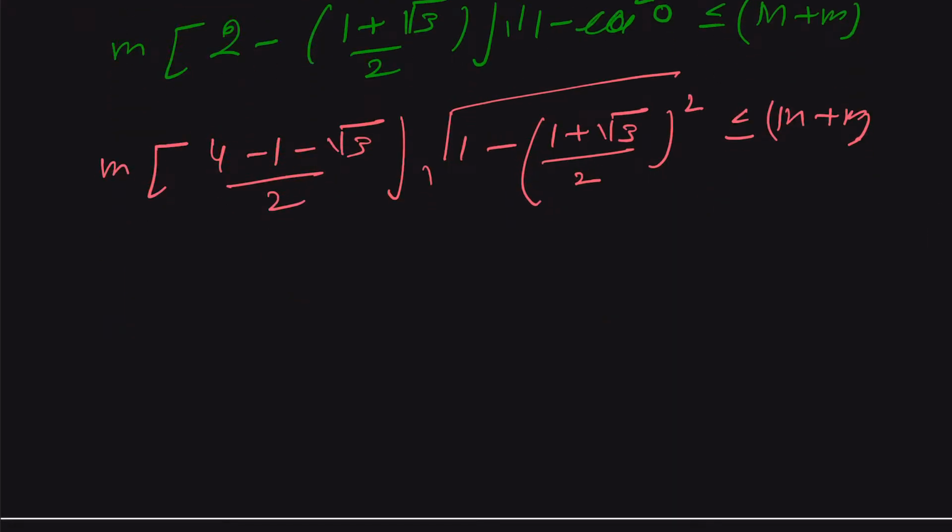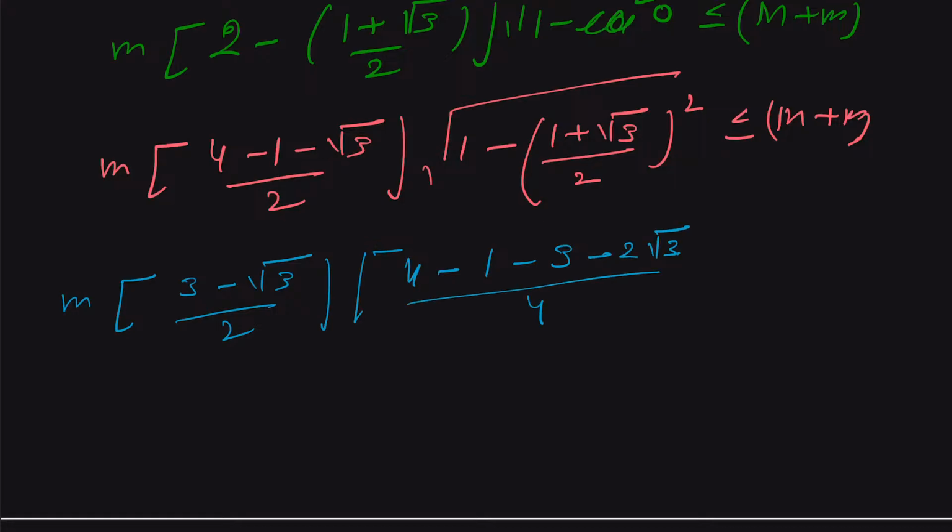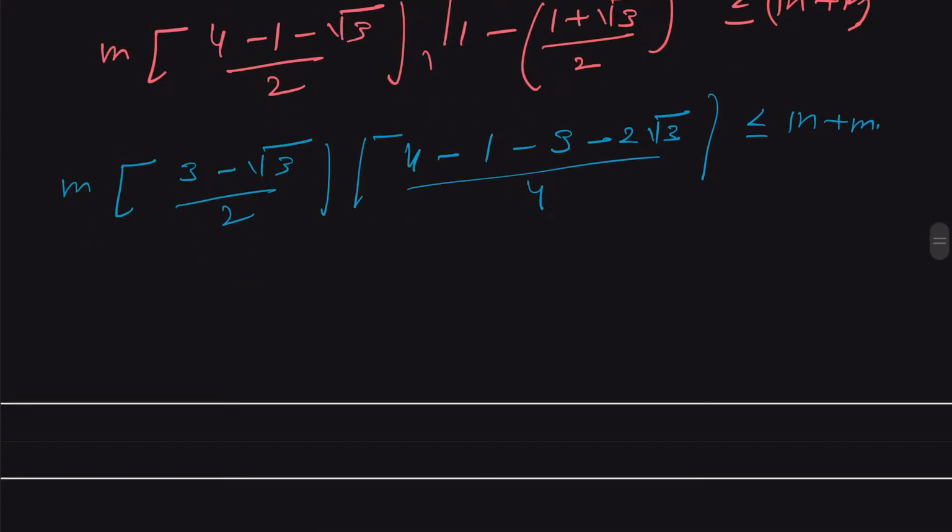And furthermore we can write this as M, and this will be our (3 - √3)/2, and we get this as 4 minus, and if we open this it comes as 1 minus (3 - 2√3)/4. We are almost done now. Okay.